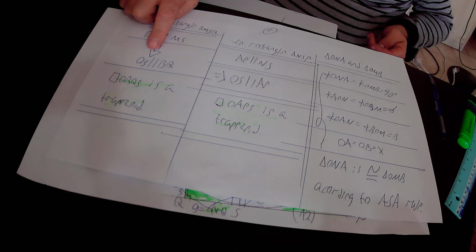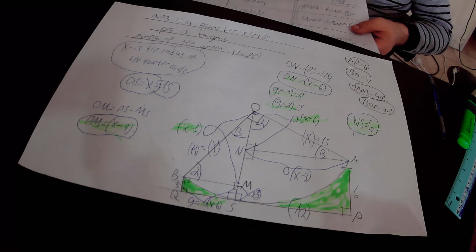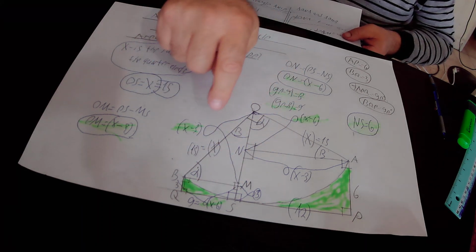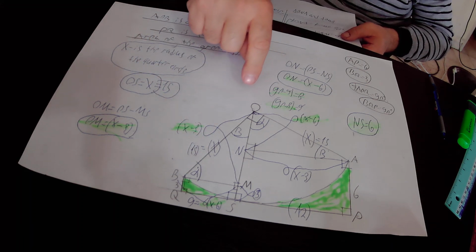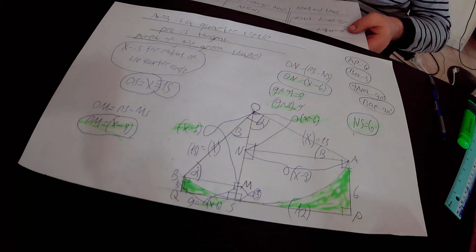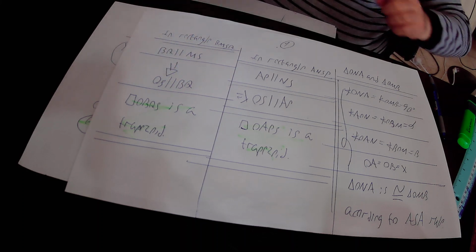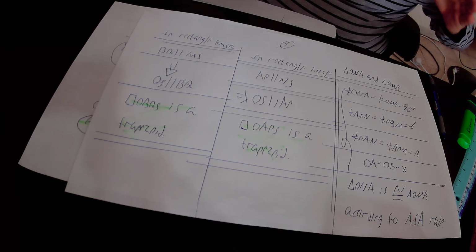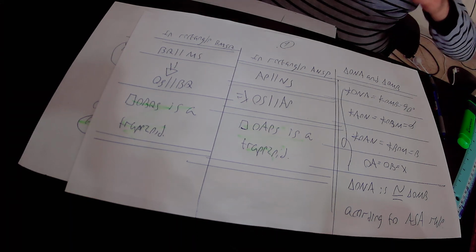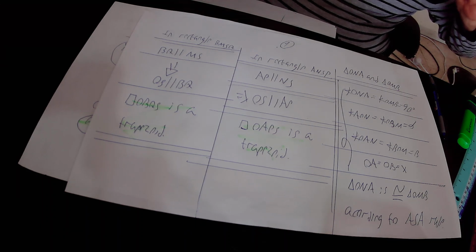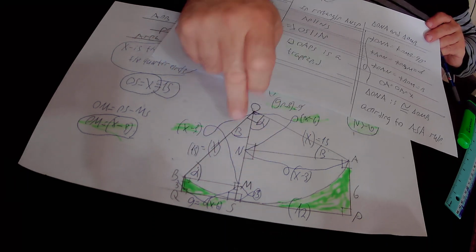So in quadrilateral OBQS, side OS is parallel to side BQ, therefore quadrilateral OBQS is a trapezoid. Why? Because it has one pair of parallel sides, and the definition of a trapezoid is a quadrilateral with one pair of parallel sides.